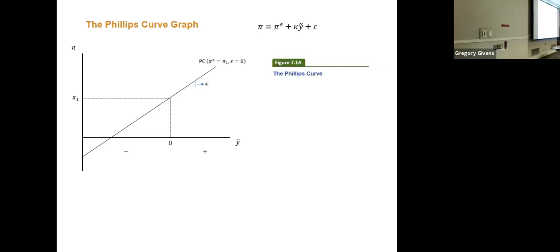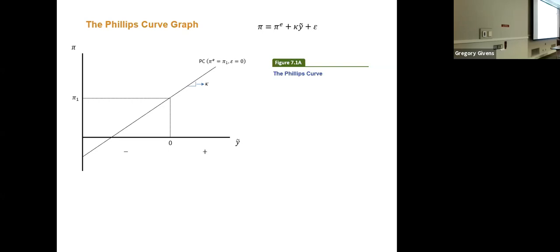That is why I've labeled the Phillips curve here with this parenthetical argument, which shows that expected inflation is equal to, let's say, pi 1, and there are currently no supply shocks. So epsilon is 0. When you guys draw it on your lab and on your exam, you need to do this. I need to be sure that you understand that the Phillips curve is for given values of expected inflation and the supply shock.